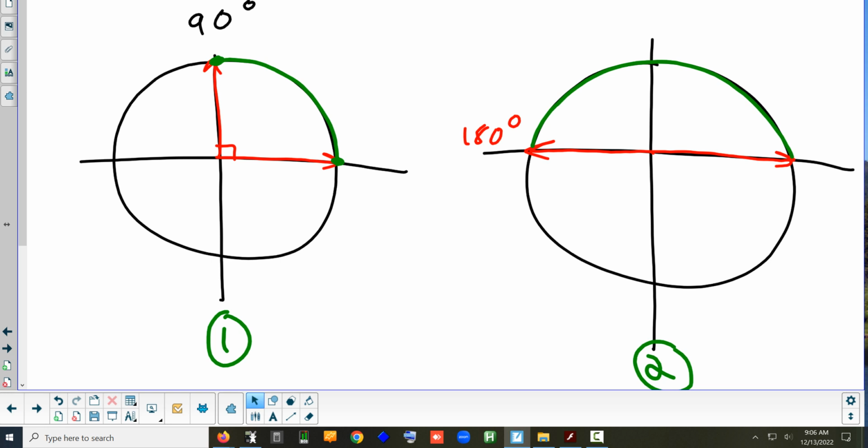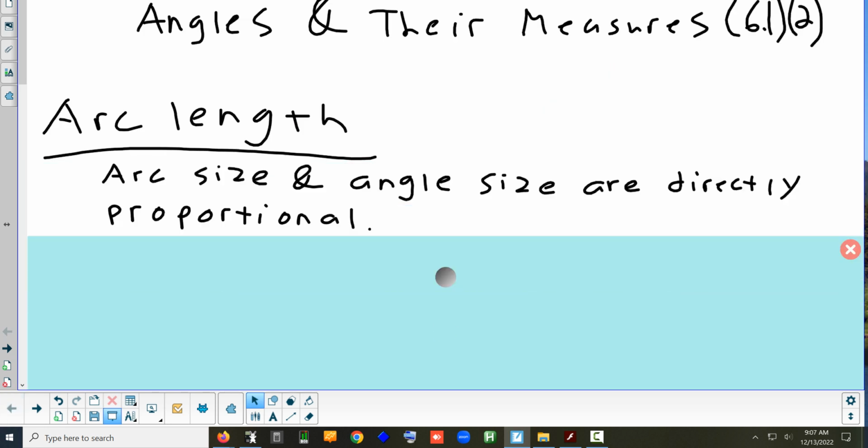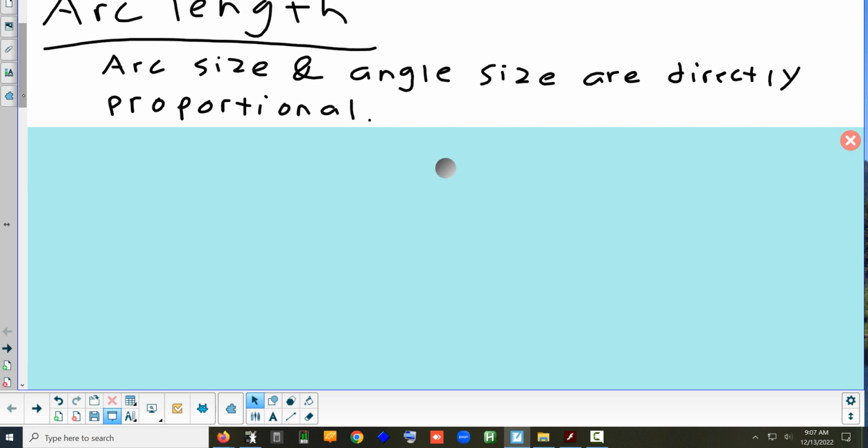Any question on that? And because they are directly proportional, that allows us to set up a proportion. Not everything is directly proportional.